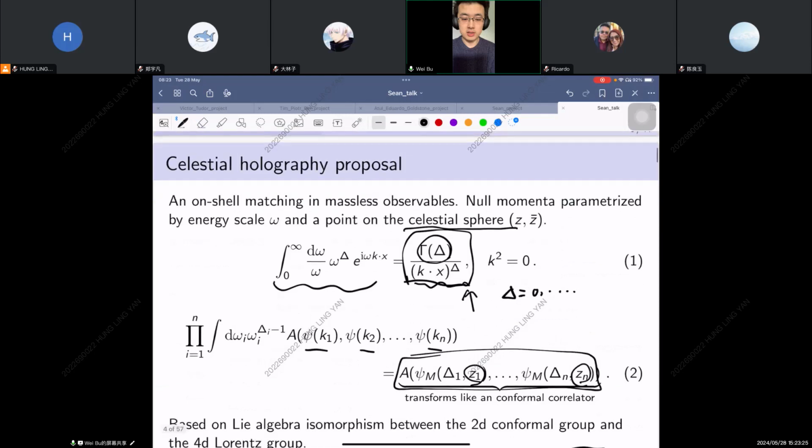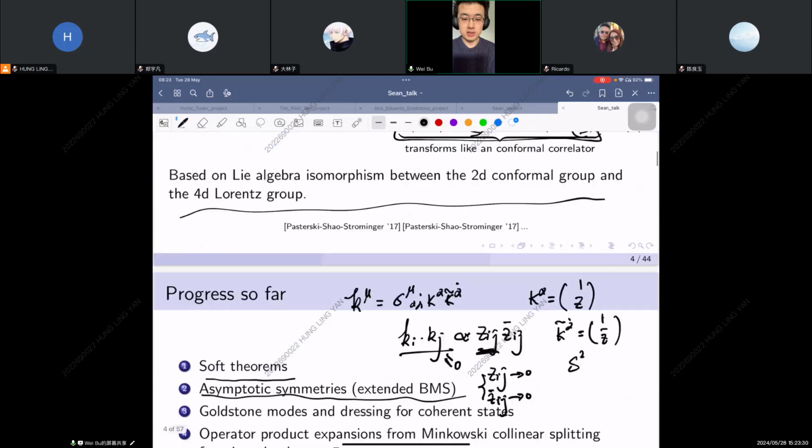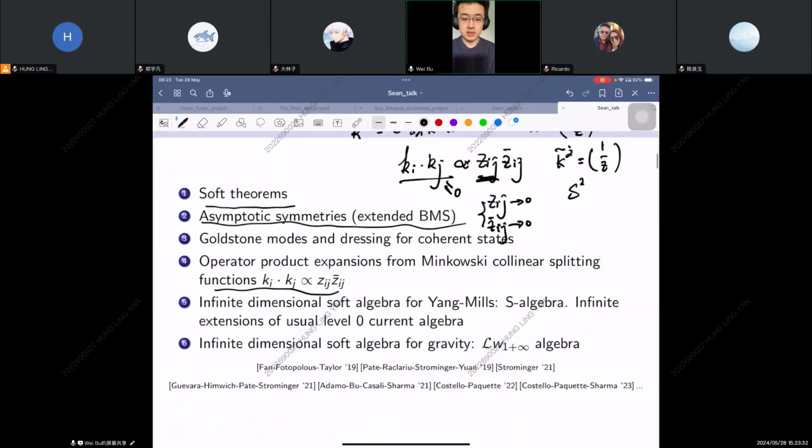So if you take those integer values of delta and take the residue of these eigenstates inside the celestial OPEs and do a mode expansion, you'll find algebras like the Virasoro algebra. But in this case, you find something bigger. In Yang-Mills amplitudes, for example, you can find this algebra called the S algebra.